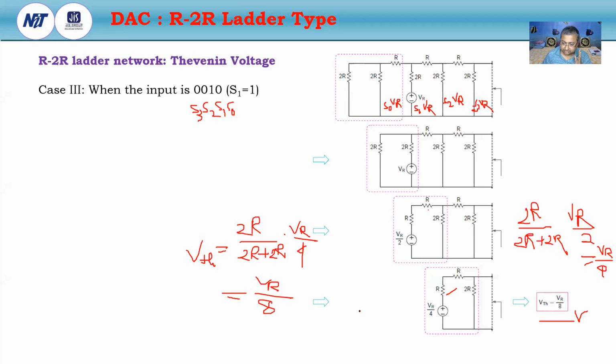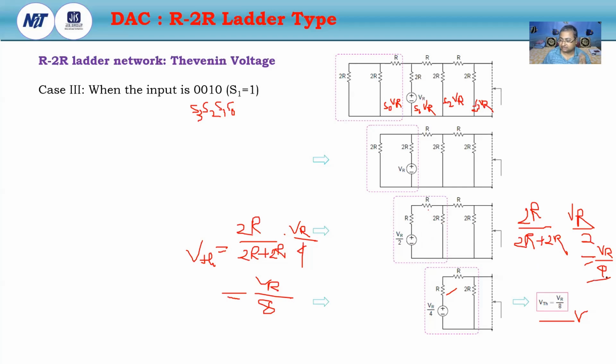You should have the proper concept of the Thevenin resistance and the Thevenin voltage calculation. This is very easy. When you calculate the Thevenin voltage, eliminate the source, short circuit it, and then draw the Thevenin resistance with the reference voltage.